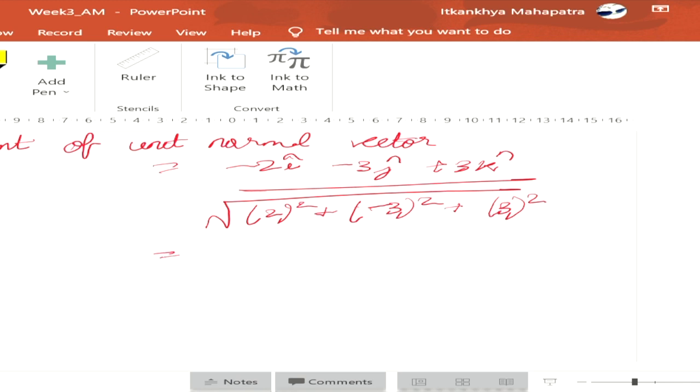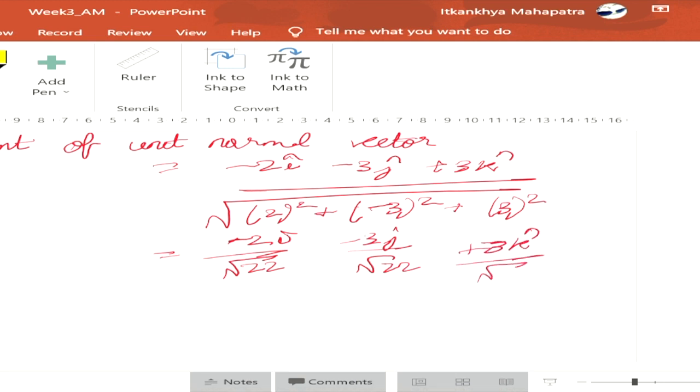Now this will become 4 plus 9 is 13, plus 9 is 22. So minus 2 i by root 22, minus 3 j by root 22, plus 3 k by root 22.